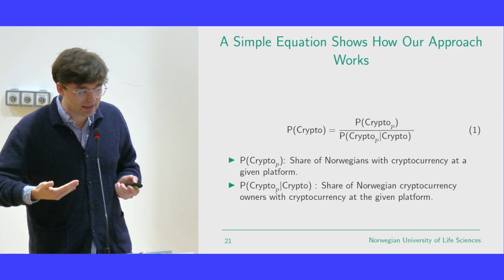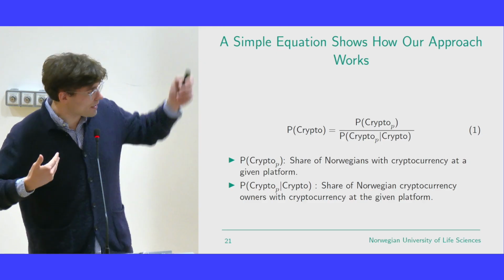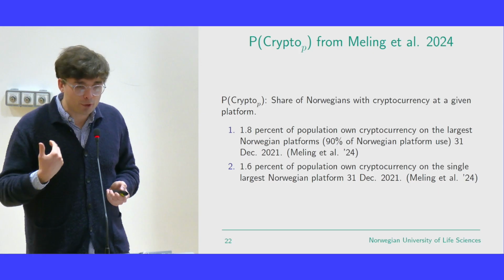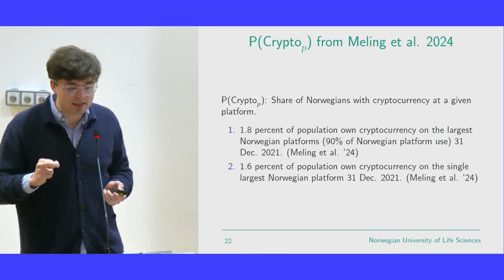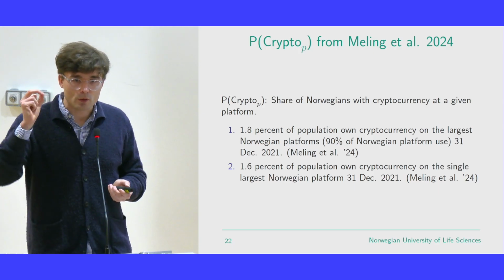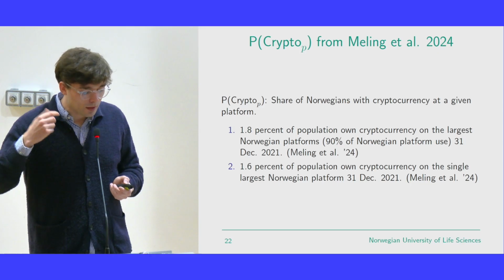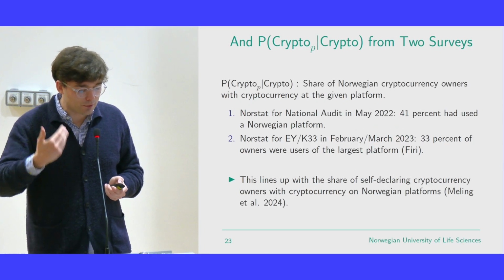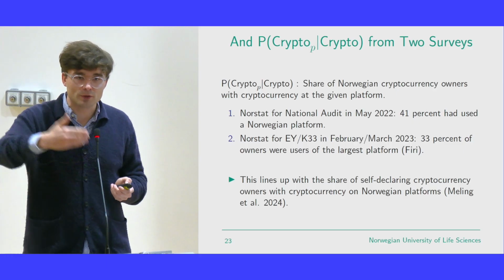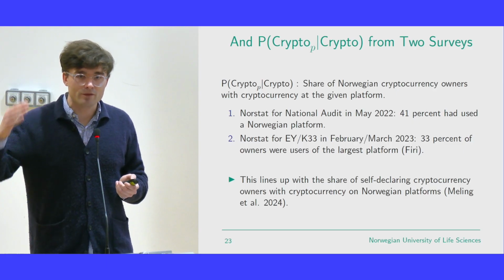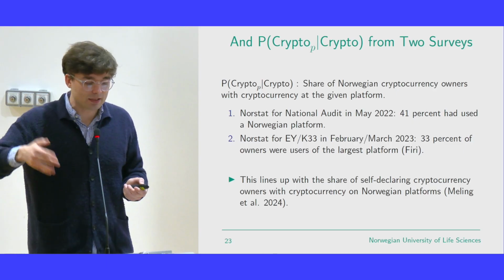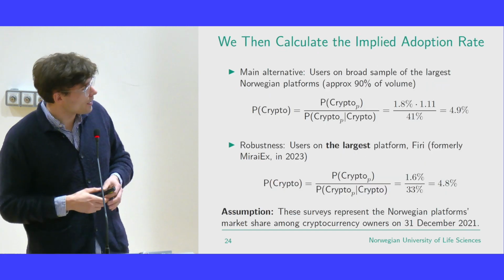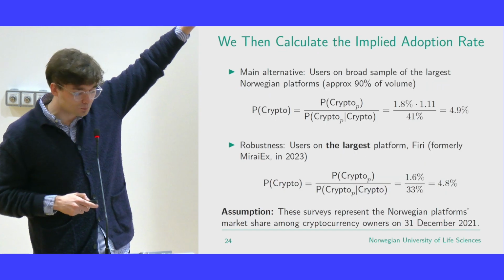So we have these basic Bayesian formulas. We see that 1.8% has cryptocurrency through Norwegian platforms, or the largest one of them. And we see from surveys that around 41% of cryptocurrency owners have used this platform, which means that we can back out the share of total adoption rate.